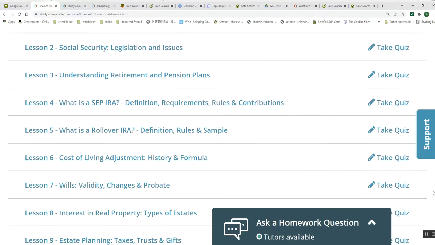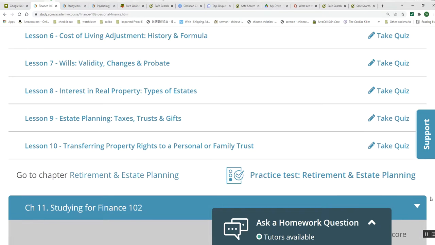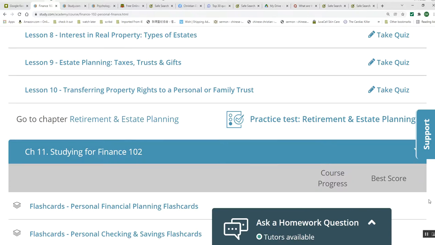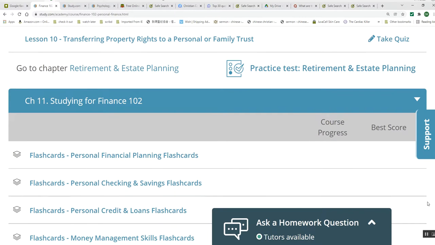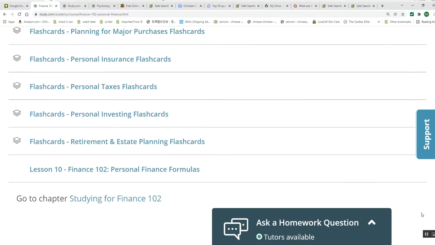With personal finance, there are blocks for the stage of life, by the person's age group. Number 11, study for finance 102, which is just flashcards. Okay, this is the end of this personal finance.